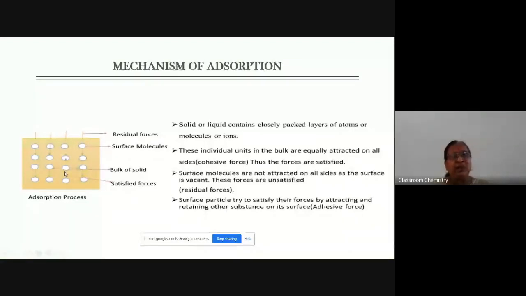It is same in all the direction, and therefore we can say that these forces are satisfied. जर बल्क मधला पार्टिकल, बल्क मधला युनिट आपण कन्सिडर केला, that unit was equally surrounded by the another similar unit, and therefore the resultant force of attraction on this is 0, and we can say that the forces are satisfied in the bulk of the solid. These attractive forces are satisfied.